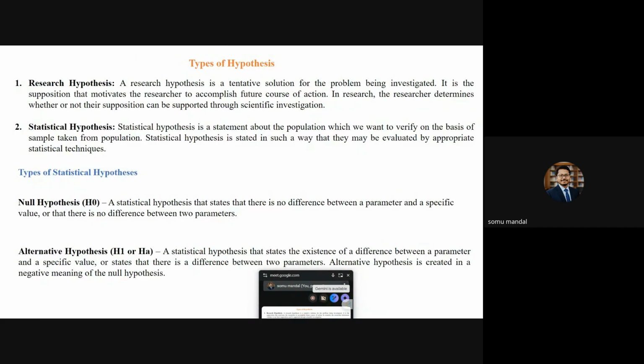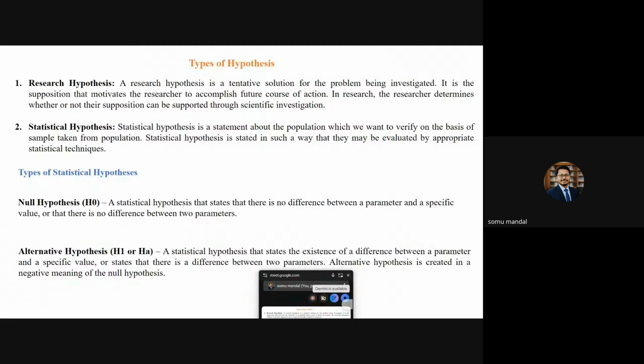Next one is the statistical hypothesis. Whenever you go through any research paper, you find the statistical hypothesis. There are two kinds: one is the null hypothesis, another one is the alternative hypothesis. We conduct the statistical hypothesis after data collection, when we gather the data from our field.